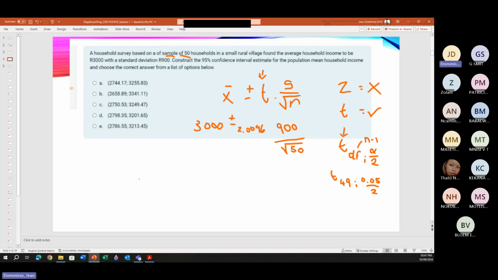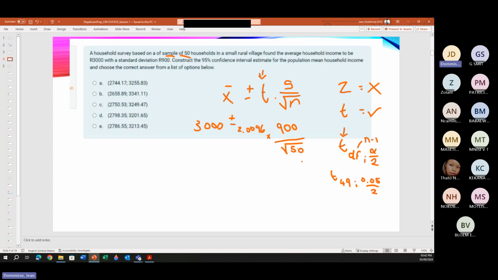Okay, so let's get the calculator to work out that. Again, some of your calculators are cleverer than my HP, so I now first need to work out the standard error because it does not allow me to do too many functions at the same time. So 900 divided by the square root of 50 gives me 127.279.